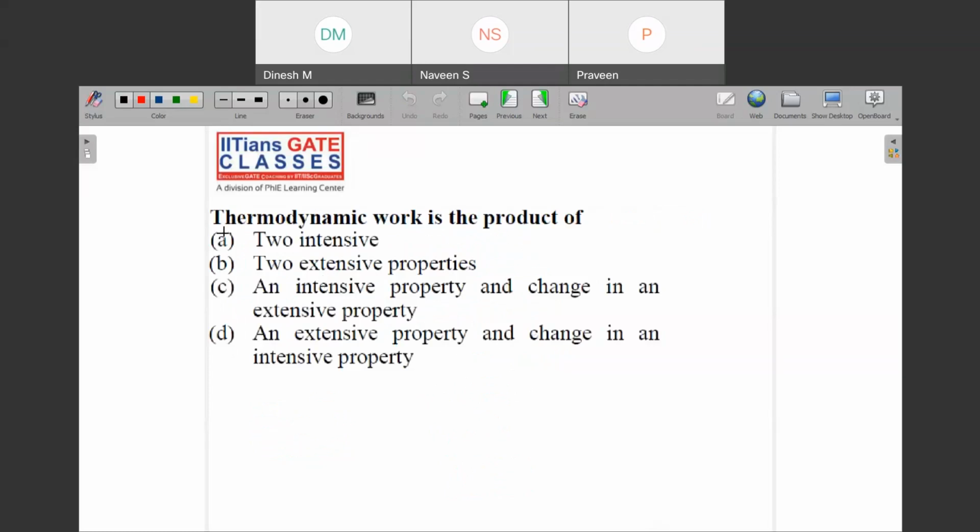Let us read the next question. It says that thermodynamic work is the product of. See, here they have clearly mentioned thermodynamic work. We have seen thermodynamic work as the integral of PdV. So let us talk about what these properties are. One thing is pressure and another thing is volume.